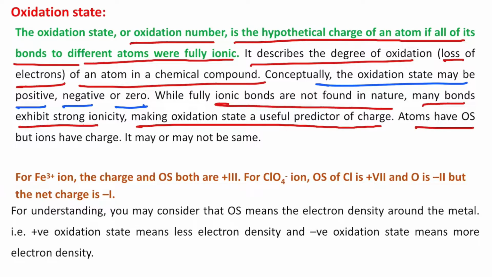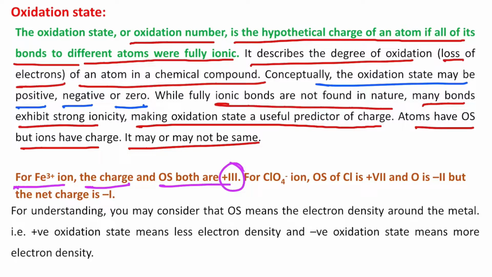Atoms have oxidation state but ions have charge; it may or may not be the same. What do I mean? For example, in the iron 3+ ion, the charge is +3 units and the oxidation state is also +3.